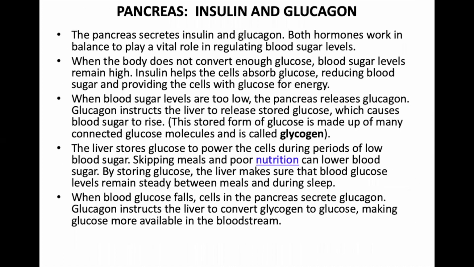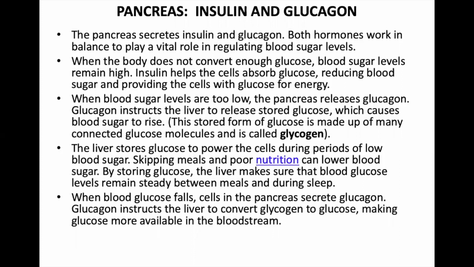The pancreas releases insulin and glucagon. They help to maintain the sugar levels of your body. When the body does not convert enough glucose, the blood sugar level remains high. Insulin will help to absorb the glucose and bring it back to the normal level.